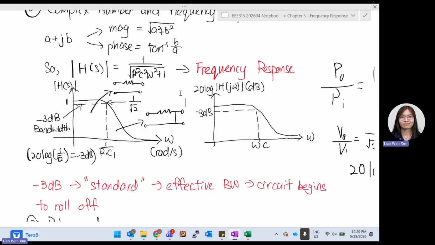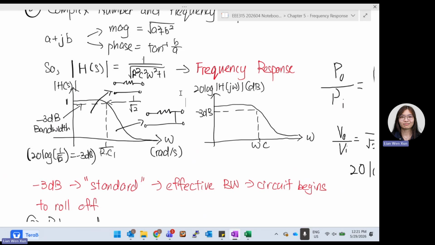Let's say your AC gain is at 30 dB. If you want to find the bandwidth, you need to find the point where it is down 3 dB. So it was 30 dB, then you need to minus 3. It becomes 27 dB. And you find which frequency gives that 27 dB.